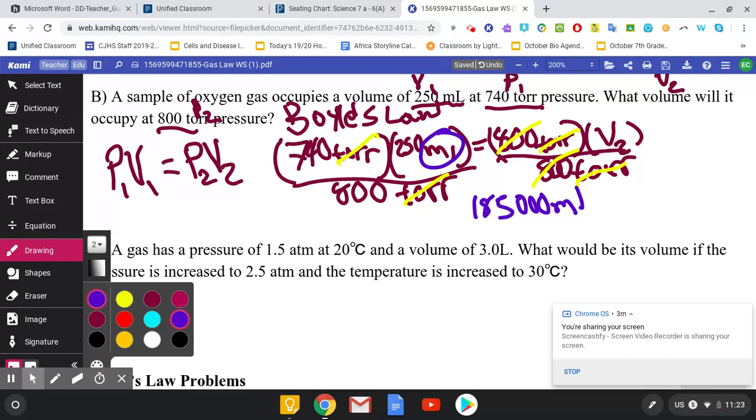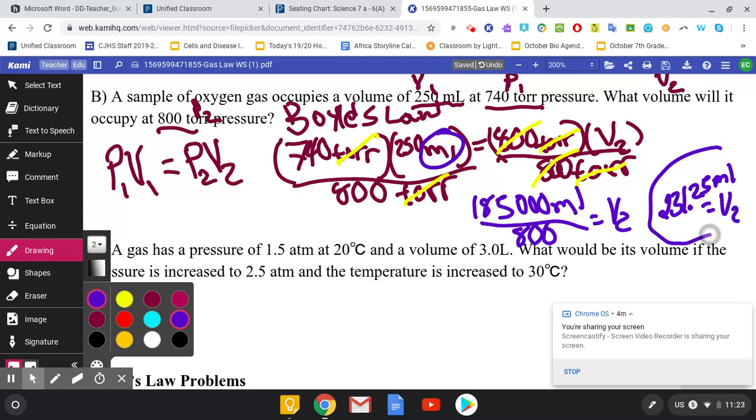We haven't crossed it out. Divided by 800, which means that V2 is going to equal 231.25 milliliters. And this is your final answer. Please circle all final answers so that I can identify them from the other answers.